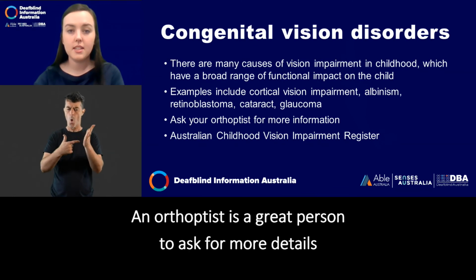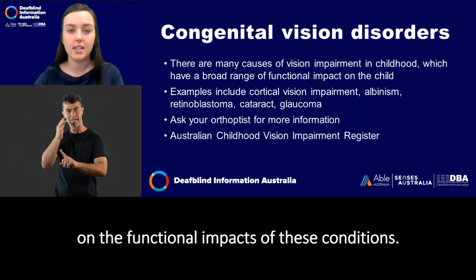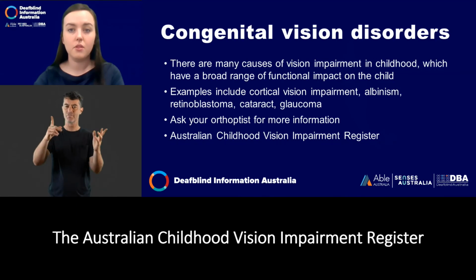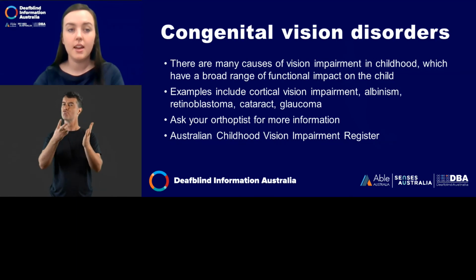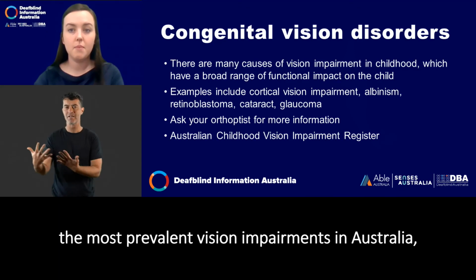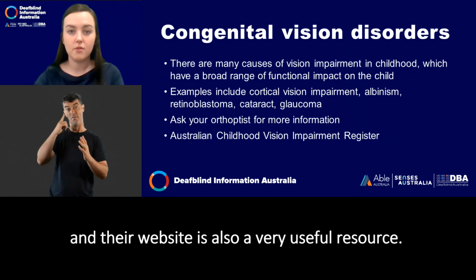An orthoptist is a great person to ask for more details on the functional impact of these conditions. The Australian Childhood Vision Impairment Register is a project attempting to understand the most prevalent vision impairments in Australia, and their website is also a very useful resource.